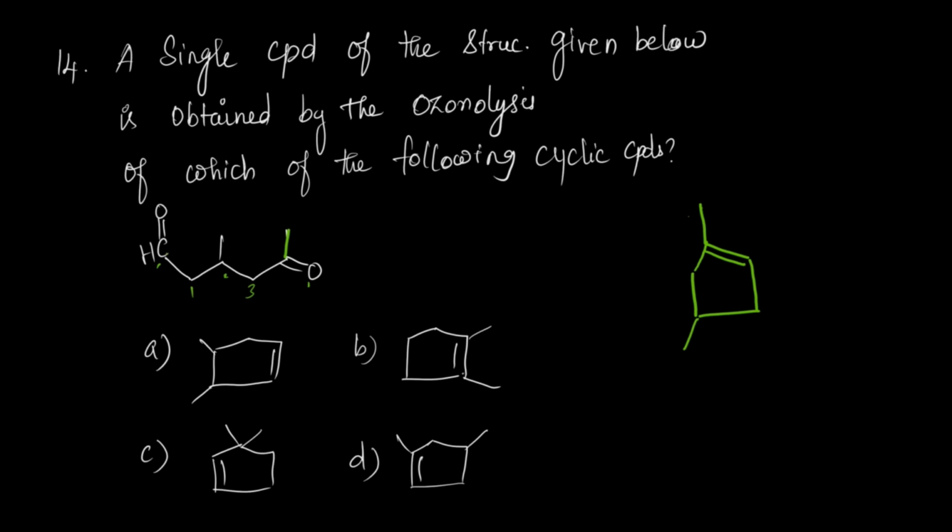So which is similar to this? A substituent would be on the 1st and 3rd positions, and the 1 position is having a double bond. So the answer to this question is option D. If you break it, you will also get the same, right? So double bond O, this will become this part, and this part is our aldehyde.